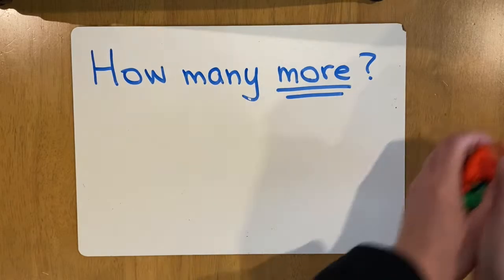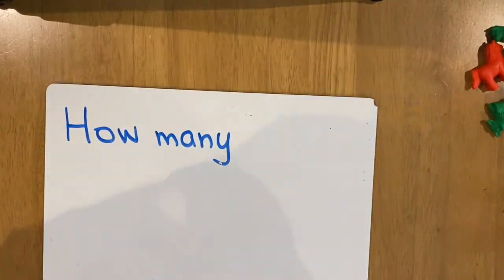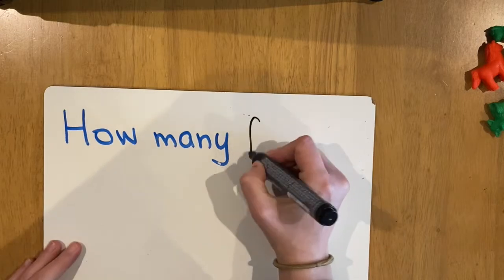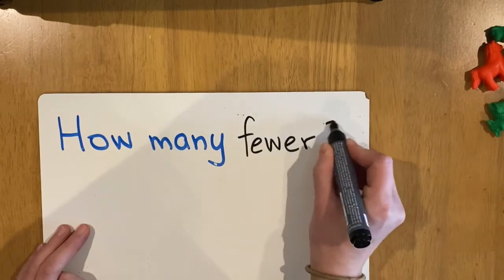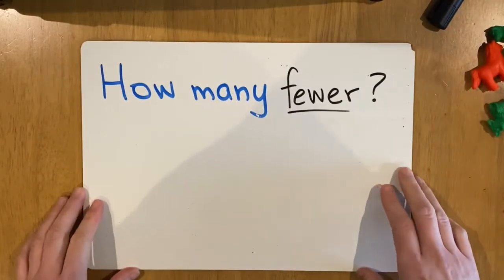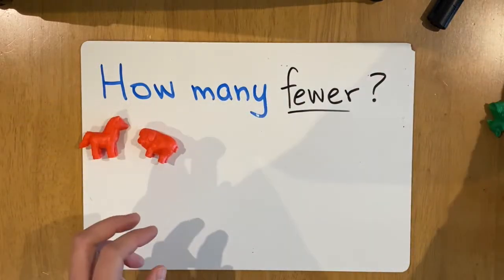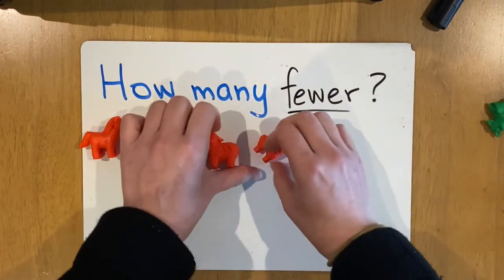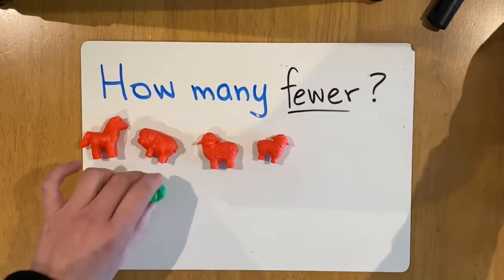Let's try it with fewer. So fewer means less. So how many fewer? Now it's pretty much the same method as how many more. You're trying to find the difference between them. So I've got some orange ones and green ones again.